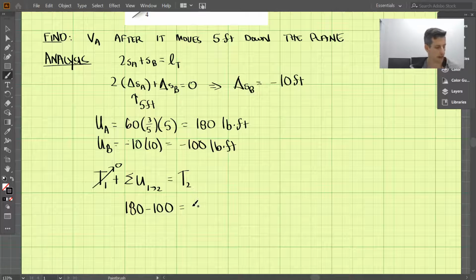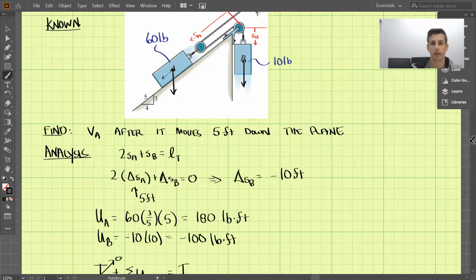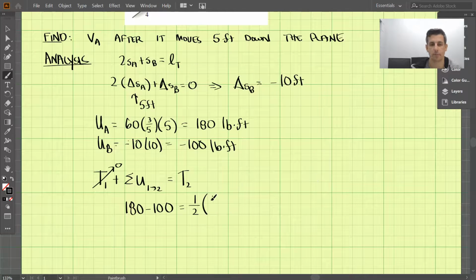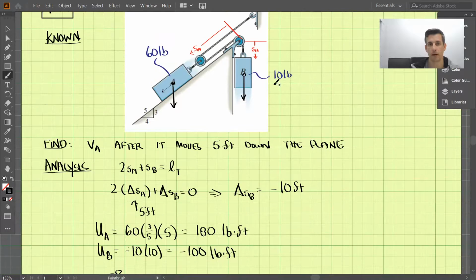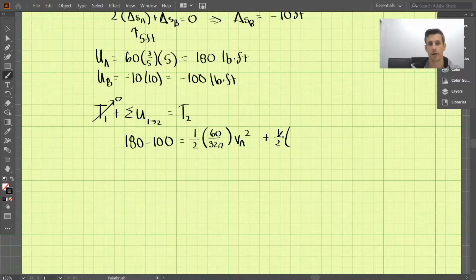And that is equal to the kinetic energy at state 2. Well, that's 1/2 times the mass of A, and A has a total weight of 60 pounds, so that's 60 divided by 32.2 to get that into a mass, times the velocity of A squared. And then plus 1/2 times the mass of block B, 10 divided by 32.2, times VB squared.